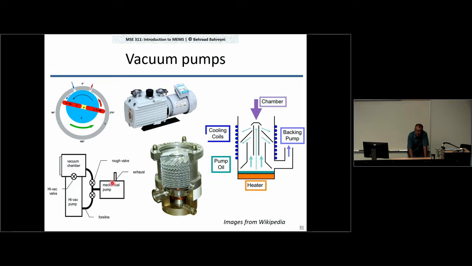Once you get to about the 10 millitorr range or so, you close the roughing valve and open the valve to the high vacuum pump, whose bottom is connected to that same mechanical pump, and you continue pumping the chamber down this route. With these simple systems, you can get down to microtorr levels relatively easily, and by that, I mean with a system that costs you about 100K or so.